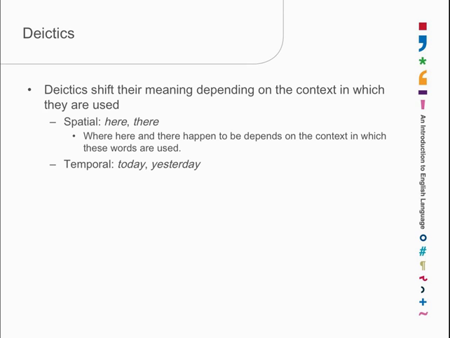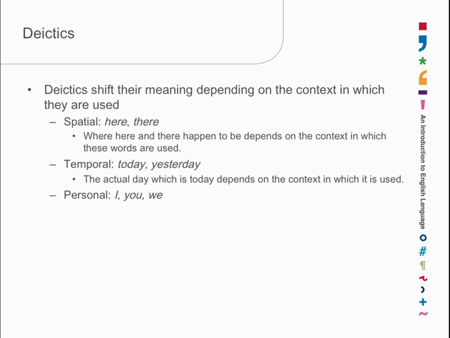If we were talking about when Dickens was maybe chatting to the family about what he'd written today, well, we'd be in the 19th century. So the actual day, which is today, again depends on the context, and yesterday depends on when today is.